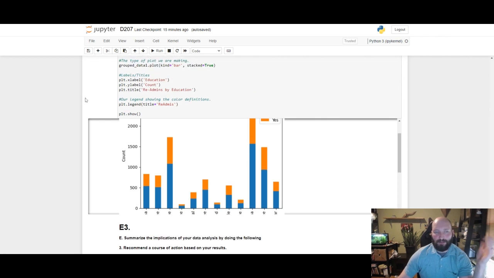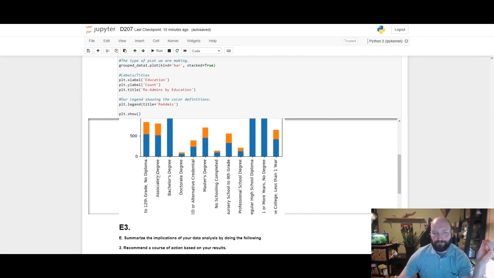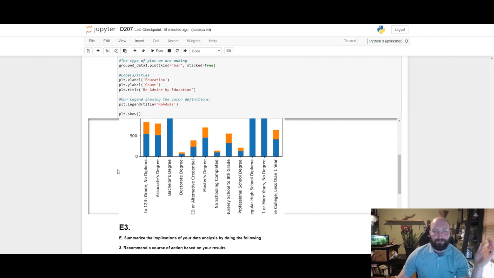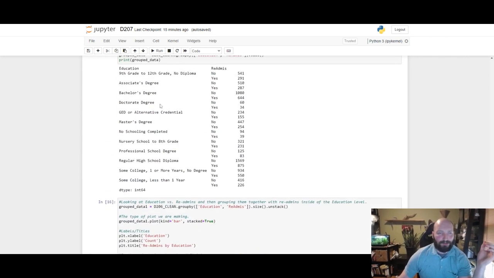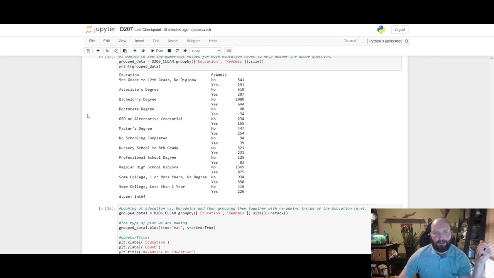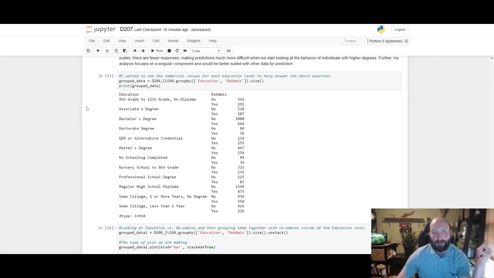And then I would say we could use this sort of approach: if we had the same amount, we could potentially normalize the data and scale it way down to the doctorate degrees, the ones on the lower level. But when we look at doctorate degrees, let's see, what do we have? 6094 responses. So that's taking over 2,000 from regular high school and scaling it way down. So I wouldn't say that that's valuable.